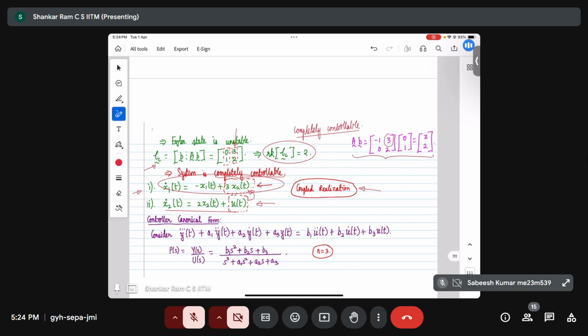We need to evaluate the controllability matrix to comment on complete controllability. So u(t) need not explicitly appear in all individual state equations in a coupled realization. The input can influence other states indirectly, through the states in which it appears explicitly in the corresponding equation.